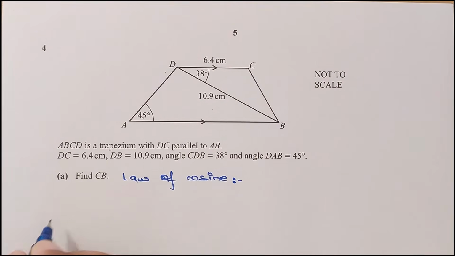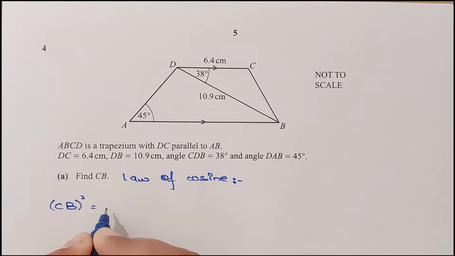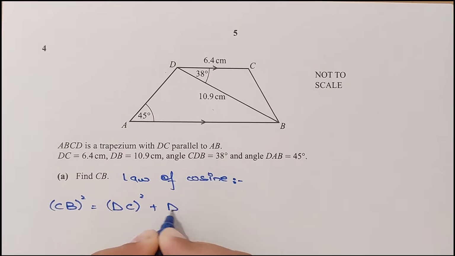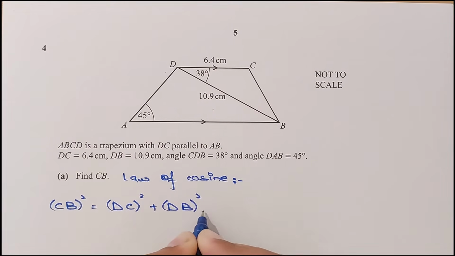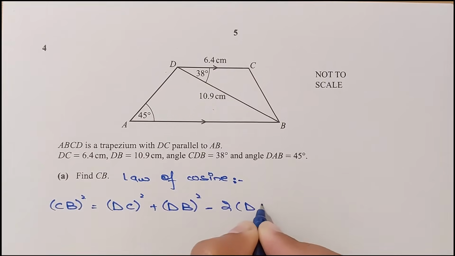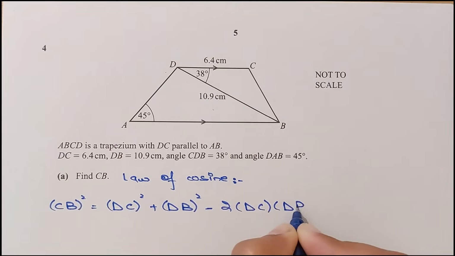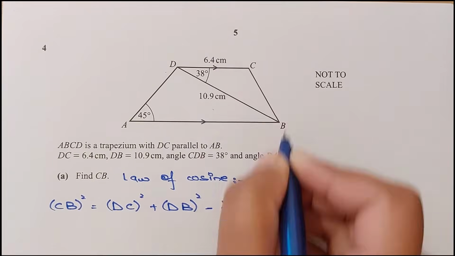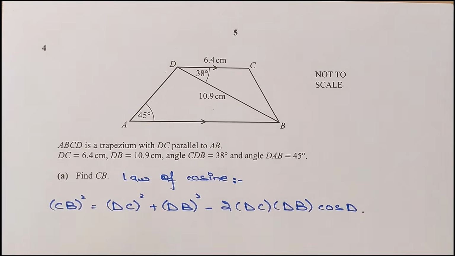Okay, CB we have to find, so we can say CB square is equal to the side DC square plus DB square minus 2 times DC times DB times cos of the angle D, right?